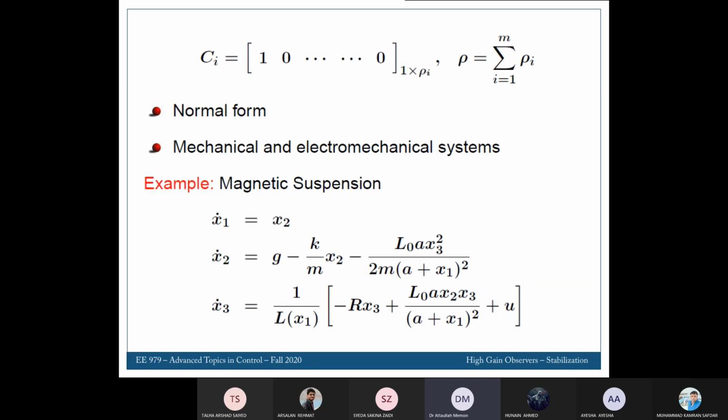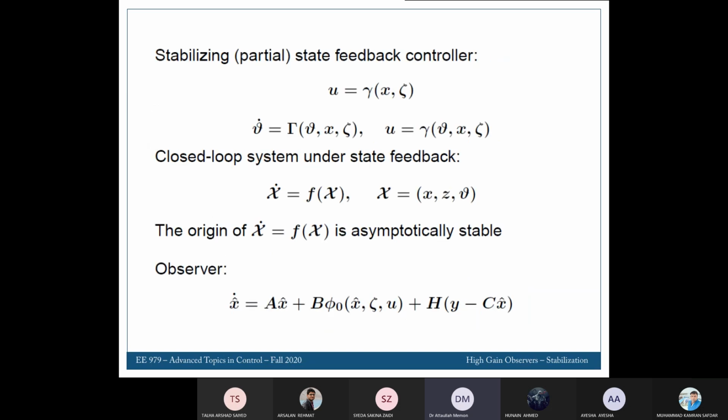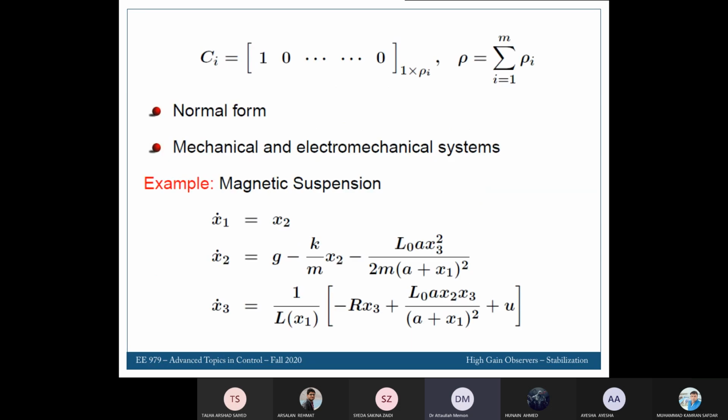Just to give you an example of an electromechanical system, look at the magnetic suspension or magnetic levitation system. The system comprises three equations. If we have the system in normal form, as in this case, the last equation has the control and the other equations are without control.